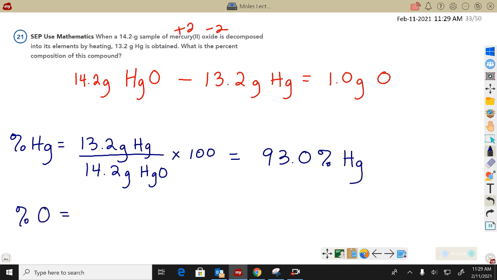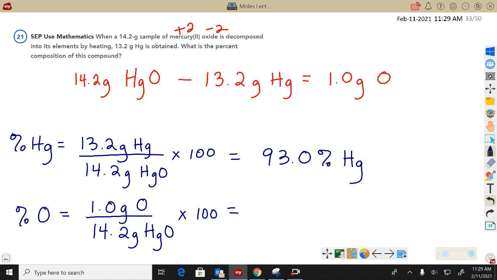Now I would do the exact same thing with the oxygen. Percent oxygen would be the 1 gram of oxygen divided by the same total mass of the mercury oxide times 100. Now I'm hoping my answer is 7, right? 1 divided by 14.2.